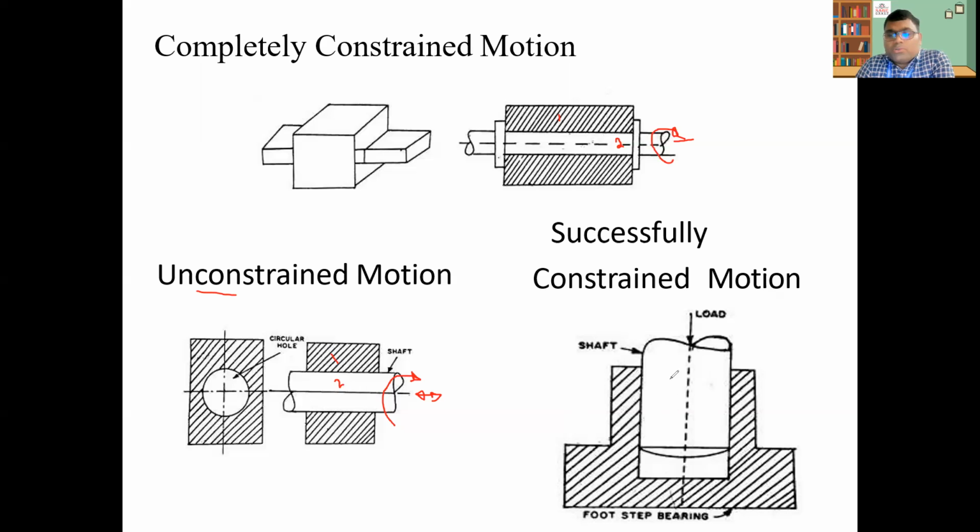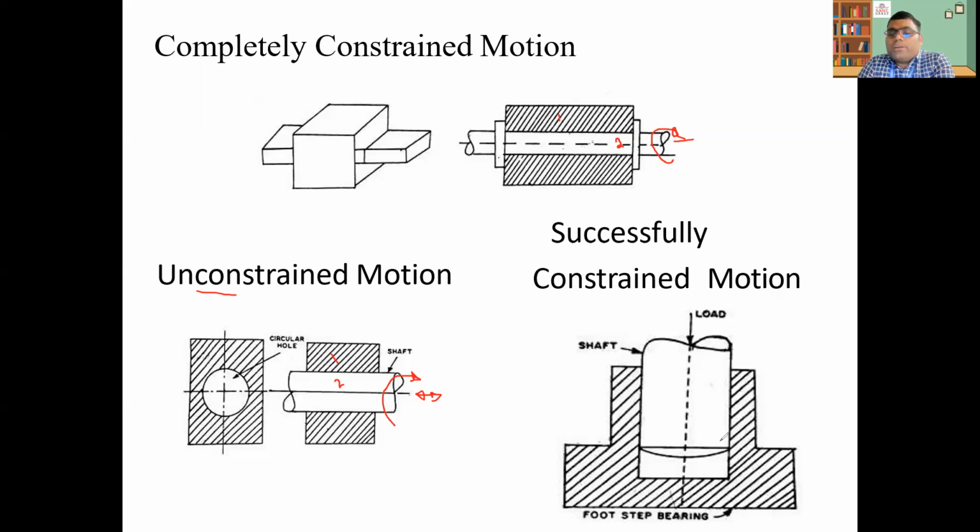Successfully constrained motion is when the motion between the two elements of a pair is possible in more than one direction, but the motion occurs in only one direction due to some mechanical constraint.